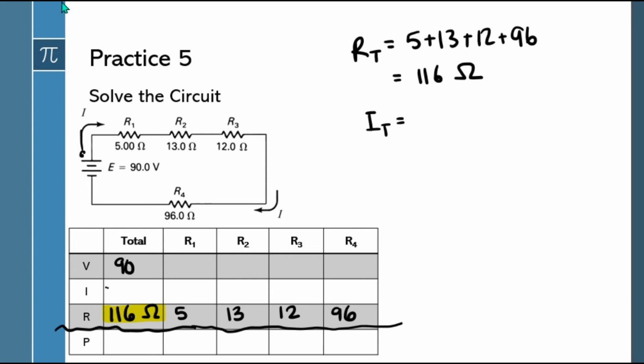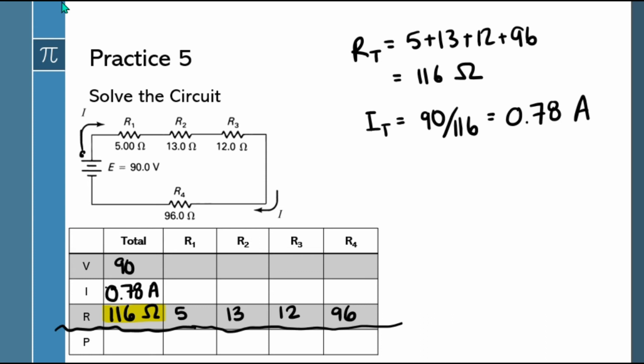Total circuit current equals 90 divided by 116, so it's going to be a decimal. 0.78-ish amps, and it goes here. Now, circuit theory time: when you are in series, what do you know about the current?